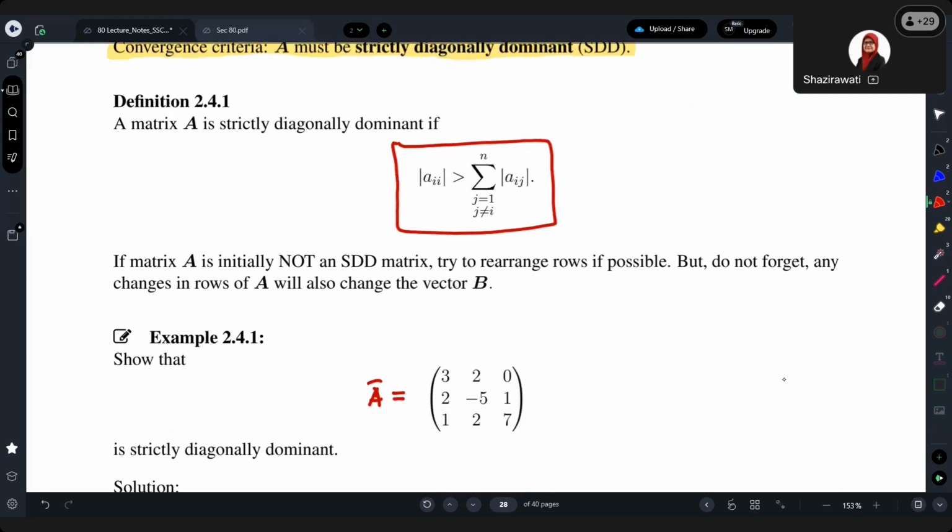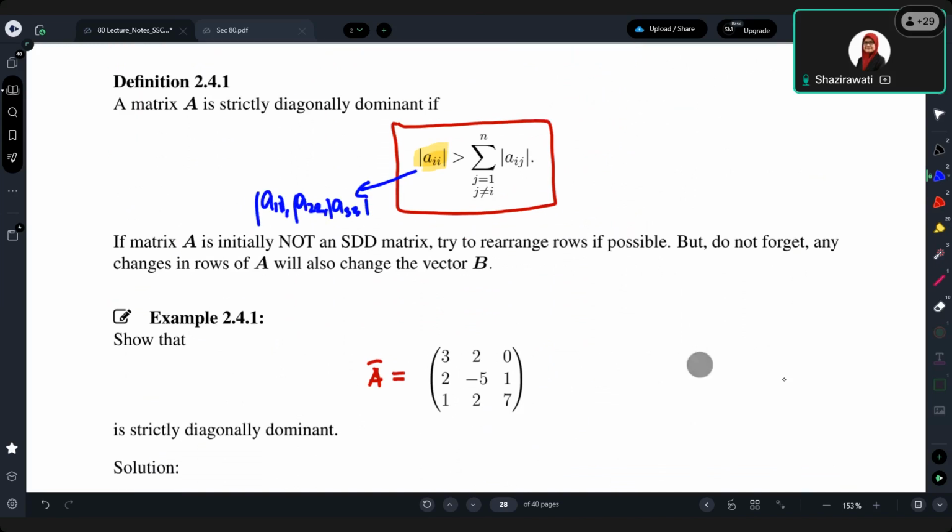So it is strictly dominant if the absolute of AII. So AII, kalau kita ada 3 by 3 system, your AII basically A11, A22, A33 lah. But we are looking in terms of absolute value.